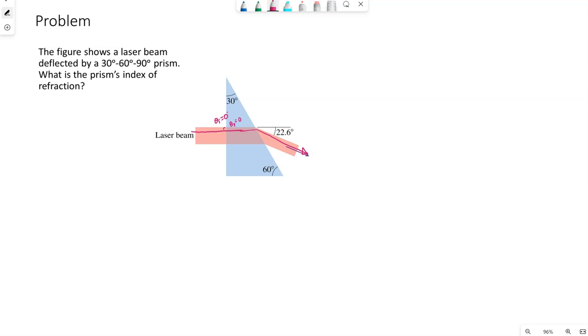Okay, so when we use Snell's law and talk about refraction at a surface, well, this first surface 1, we would have n of air sine of 0 degrees because that light is hitting normal to the surface. That means the angle between the light and the normal is 0.